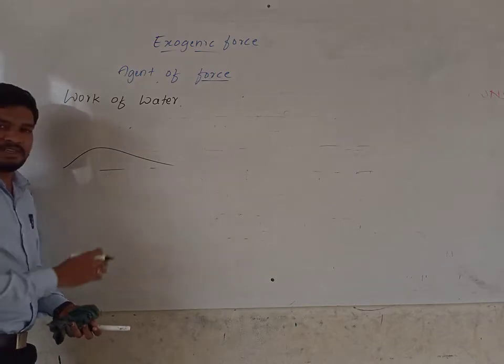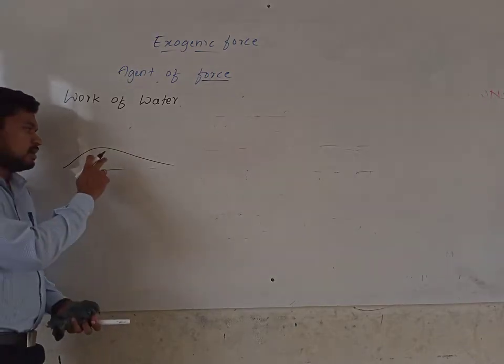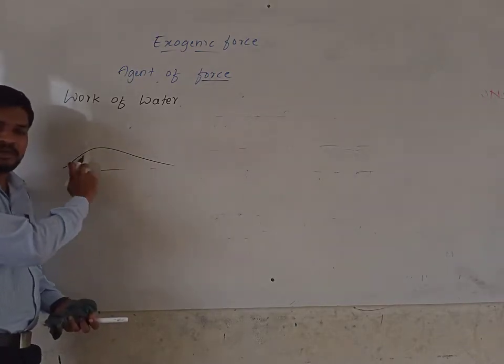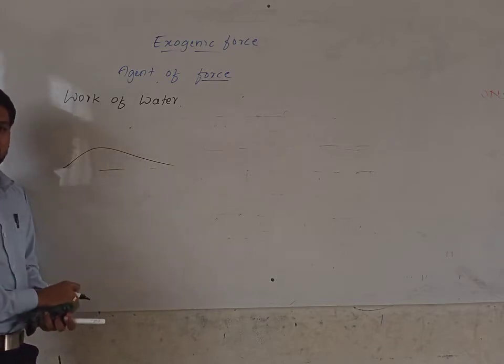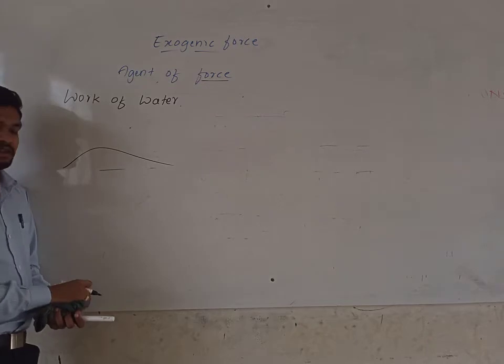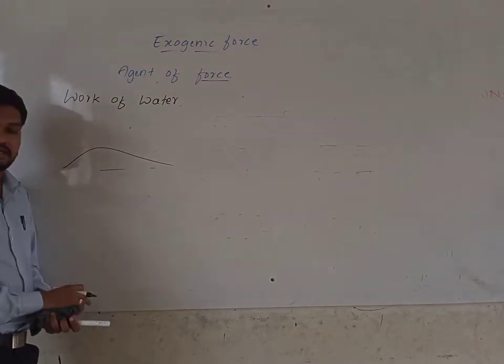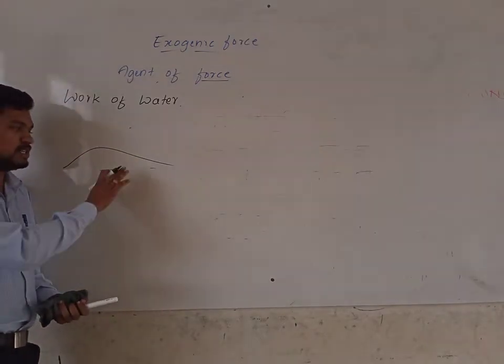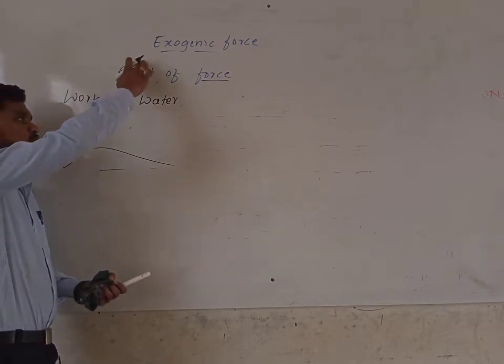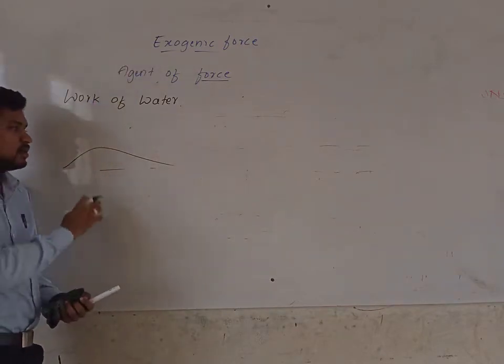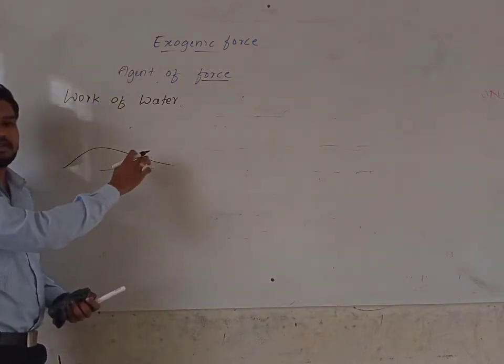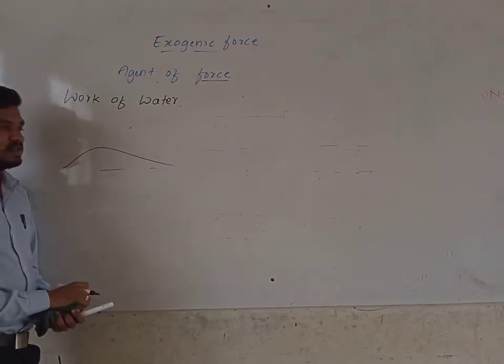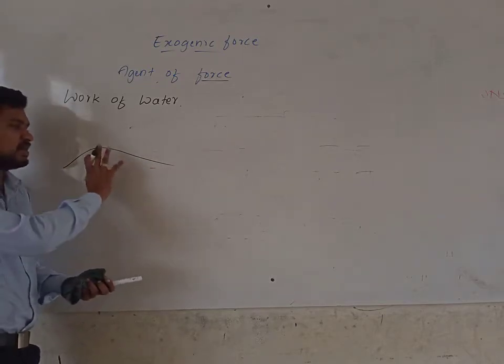After thousands of years, will it have the same size, position, or structure in the same place? No, it will not, because of this exogenic force on the Earth's surface. Due to the wind, runoff water, and sea water, it undergoes changes.